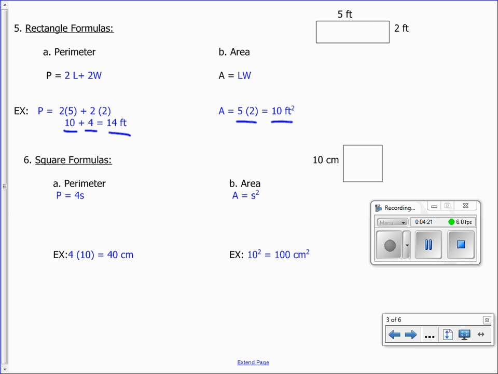In our example, if each side is 10 centimeters, it would be 4 times 10, which is equal to 40 centimeters. For the area of a square, again, since each side is equal, you take the side and you square it. So in this example, you do 10 squared, which is 10 times 10, 100 centimeters squared.